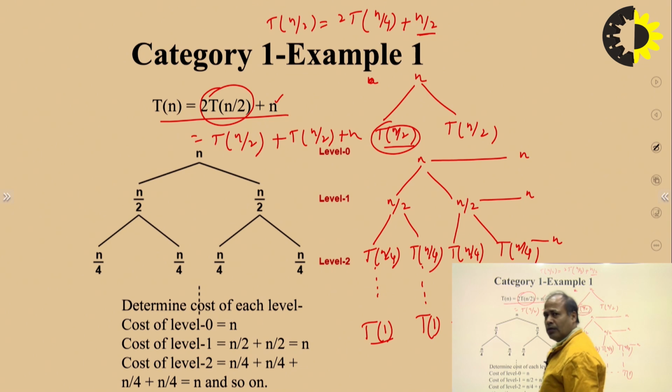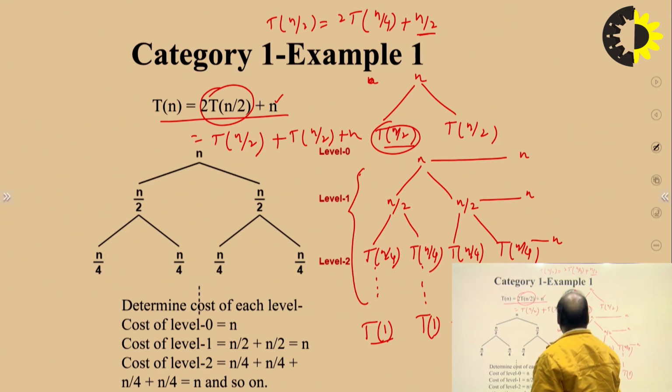So in this recursion tree method, we need to consider only 2 things. First one, cost at each level, sum them. If you look at this tree completely, this is a non-leaf node and this is a leaf node.